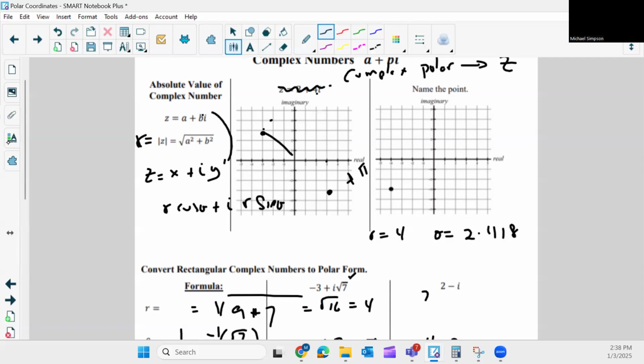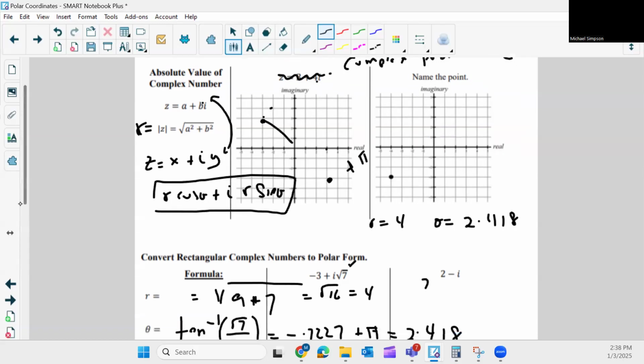They're the same thing. So now I'm going to replace x with r cosine theta and y with r sine theta. That's how you write complex numbers in polar form.